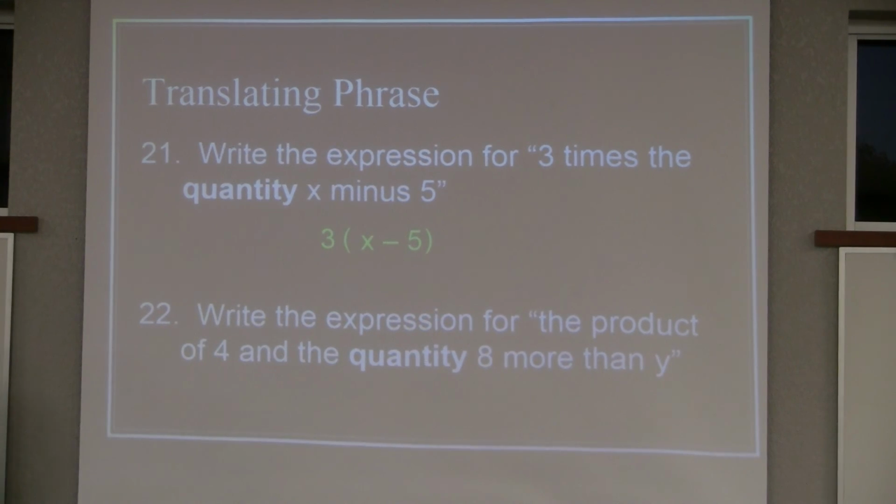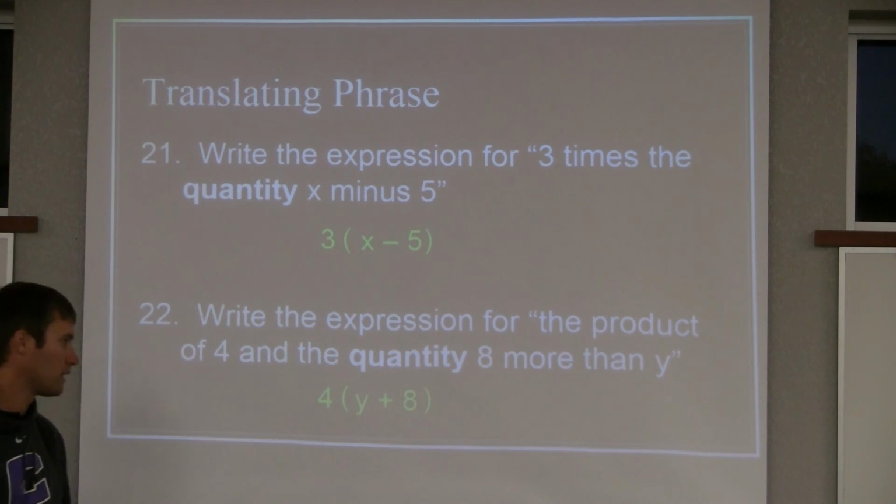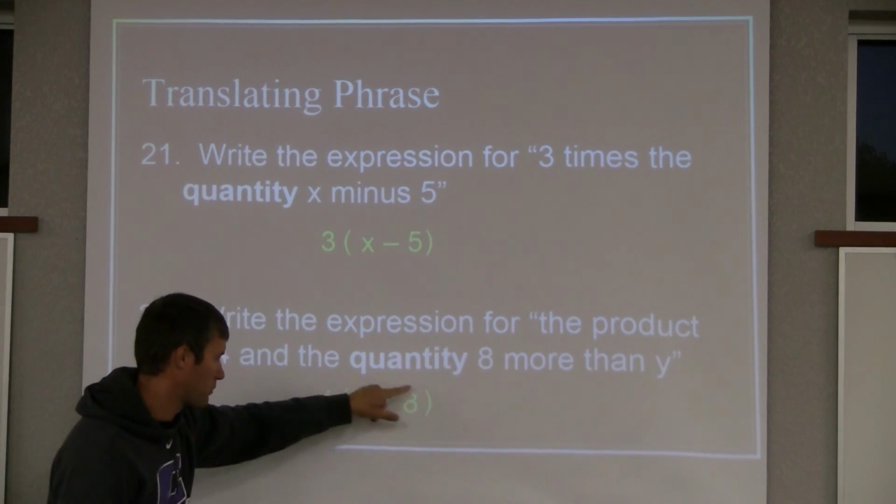Here, write the expression, the product, that means we're multiplying, of 4 and the quantity 8 more than y. So again, we start out with the product, so 4 times, the quantity means parentheses, now 8 more. More means to add, 8 plus y, or y plus 8, either way. So you could have switched this.